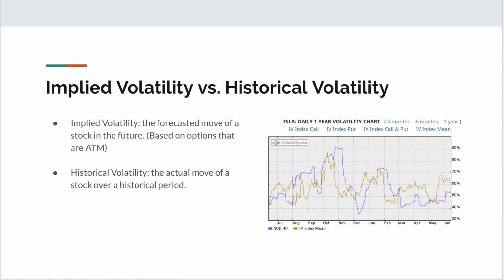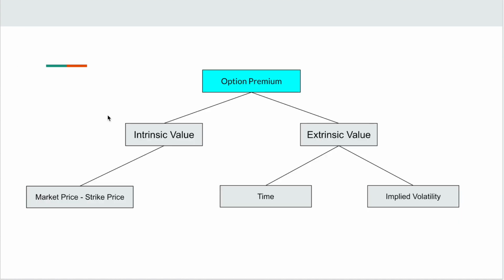But let's review a little bit and try to talk about options when we talk about what determines their pricing. So we talked about in the previous chapter an options premium. An options premium is determined through intrinsic and extrinsic value. So if we talk about the extrinsic value, we break it down to time and implied volatility. Obviously, an option's intrinsic value can be calculated by subtracting the strike price from the market price.